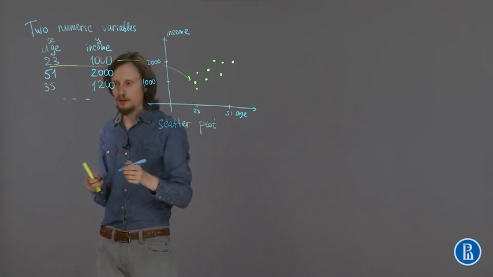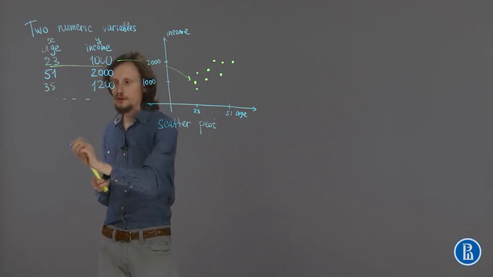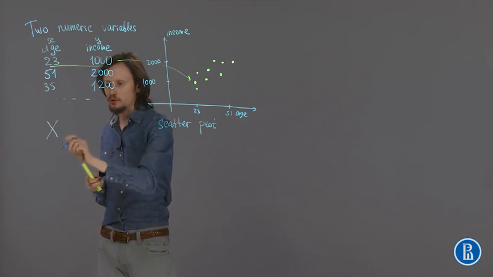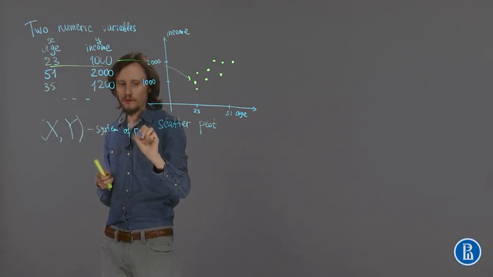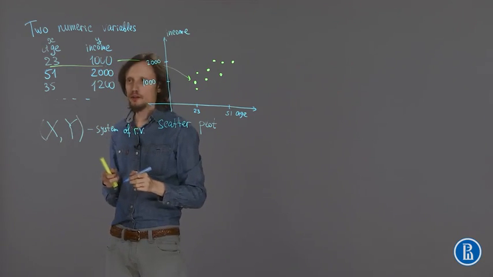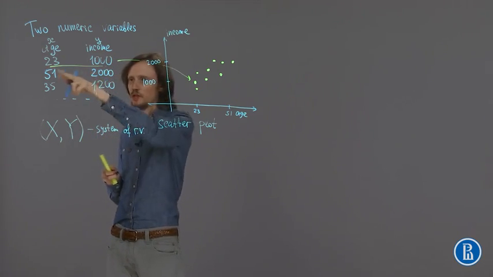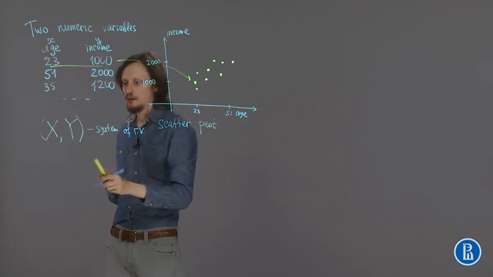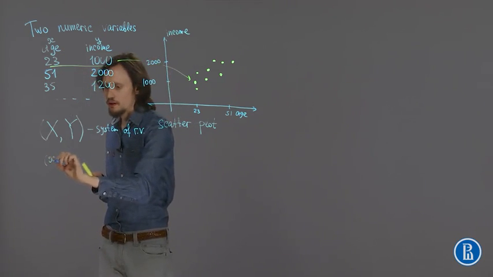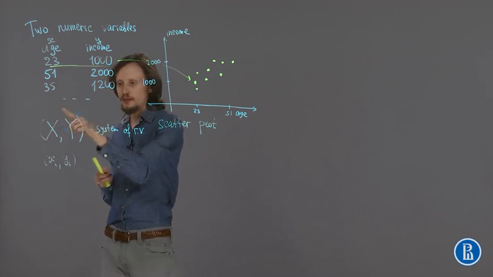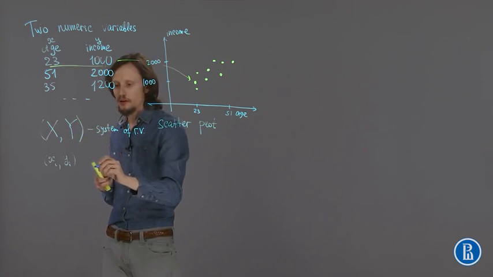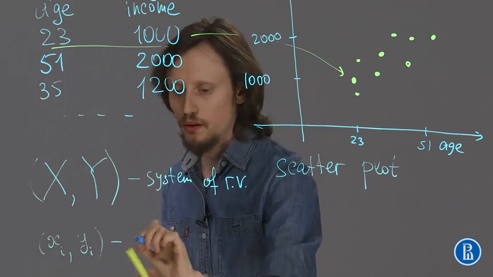And I will say that there is a system of random variables that I will denote by capital X and capital Y. And I believe that each data point in my data set, so each point xi, yi, is sampled from this system of random variables.